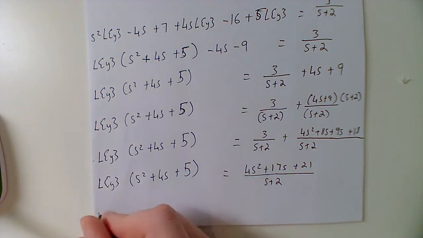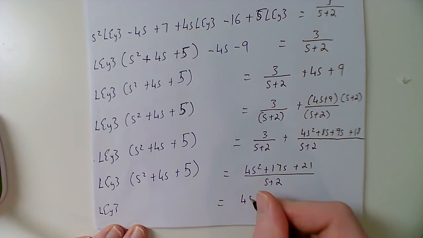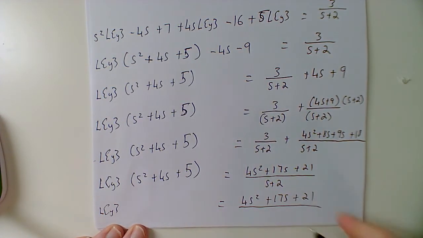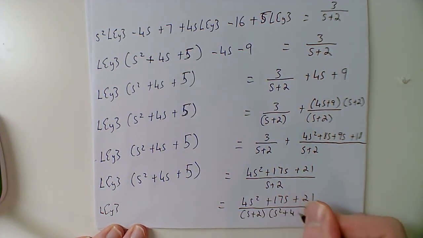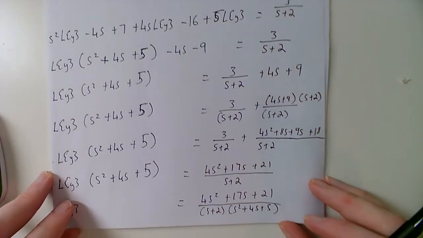Let's move that over and underneath. Right, so that's us. Laplace transformed everything and then got it into one fraction, which is quite nice. So what I'm kind of looking to do every time.